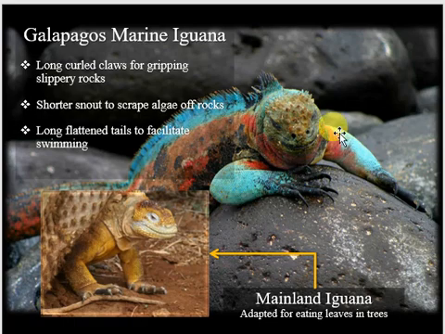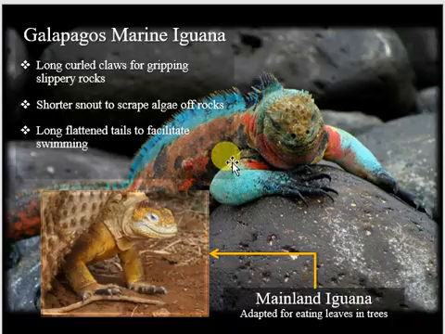By having these adaptations, the marine iguana is able to occupy a different niche and exploit that niche. These two are evolutionarily related. They come from a common ancestor, but they differ because of structural adaptations that allow them to occupy different niches.